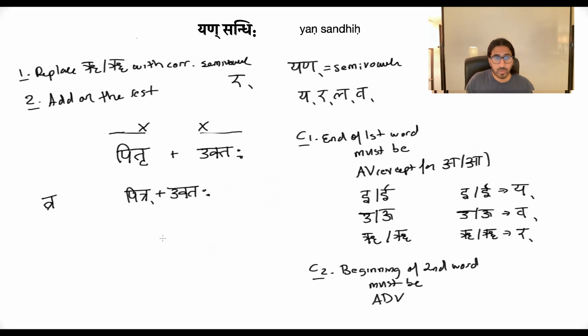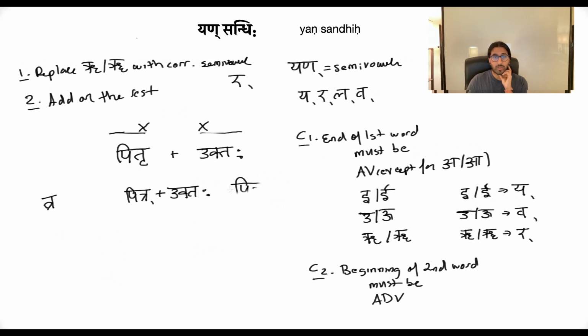So what are you going to get? Pitruktaha. Now you're going to see it like that, and then you're going to know there's no word called pitruktaha, but I know there's pitru and uktaha, so therefore this is a yan sandhi. This is acquired through consistent practice.